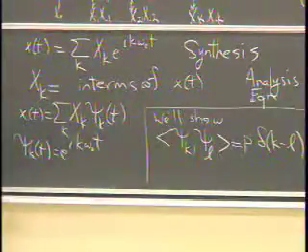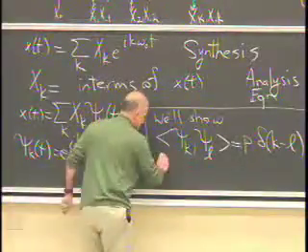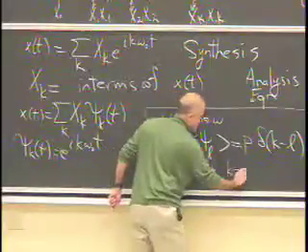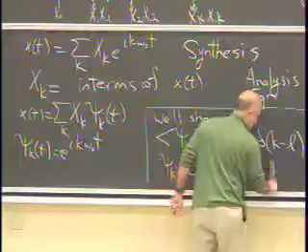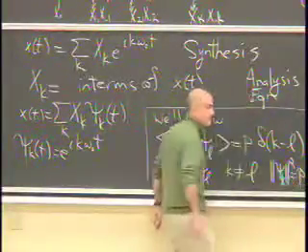Exactly like in discrete time. We will show this. So that means c k is orthogonal to c l for k not equal to l, and c k magnitude squared is simply p.